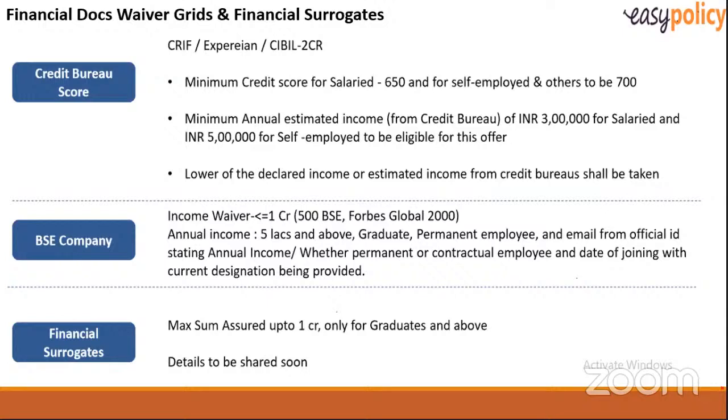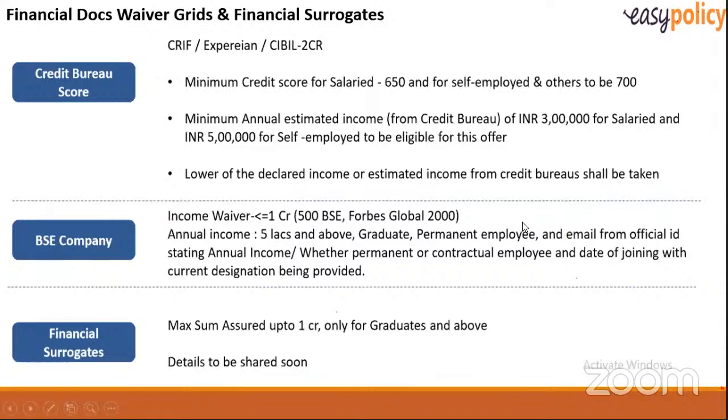This means if your customer has not filed the ITR, but has a good income, has a bank statement which shows good income, or has a car of value more than 6-7 lakhs, or holds a credit card with a good credit limit, in that case also we can give a term plan based on these documents only. No other companies are taking financial surrogates as the only income proof. They take them to bridge the gap, but only Max Life takes financial surrogates documents as income proof.